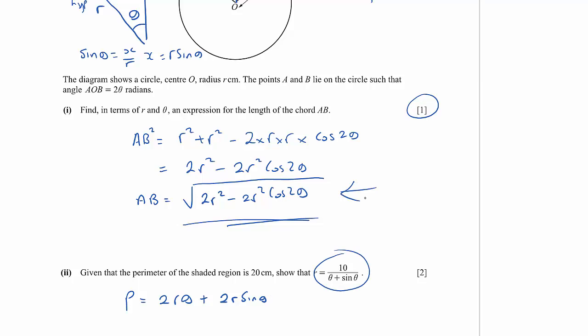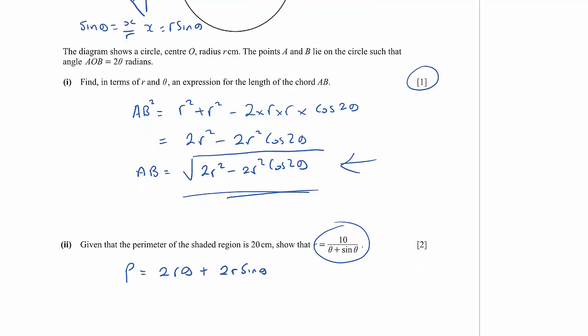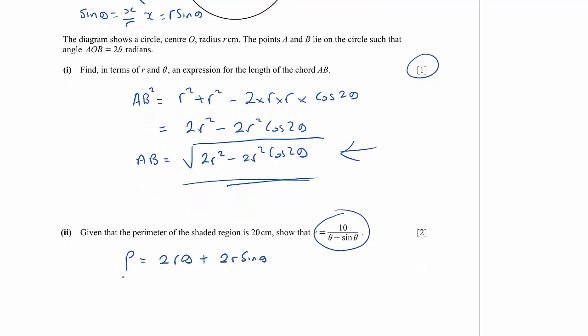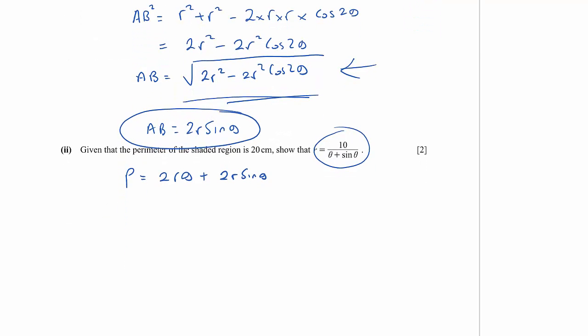But if you actually did what I did in the first place, which I think is what a lot of people would have done, you can't get there without using information that's actually not in this course. But anyway, we've fixed it, and therefore obviously an alternative answer there is AB is 2r sine theta. So that's an alternative up there. And so we have 20 equals 2r theta plus 2r sine theta.